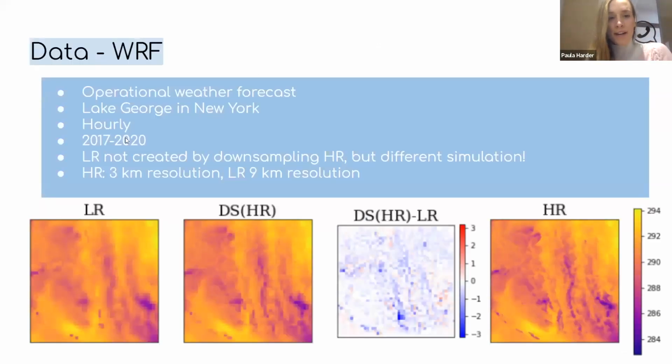And then the WRF data, that was a data set IBM had, like an operational weather forecast, actually, on a smaller area, Lake George in New York. And that's two different simulations, one at 3 kilometer resolution and one at 9 kilometer resolution.